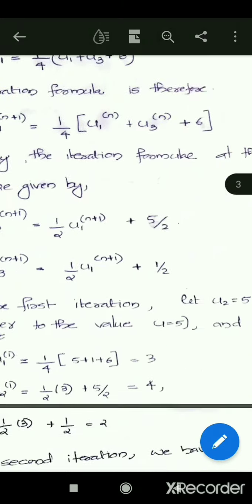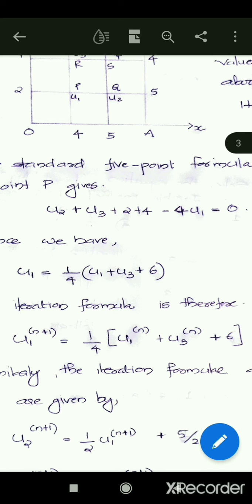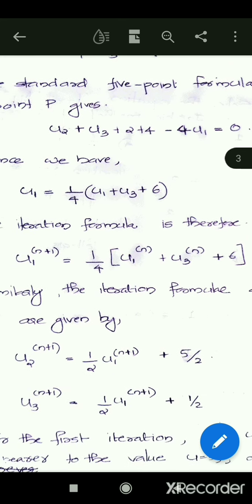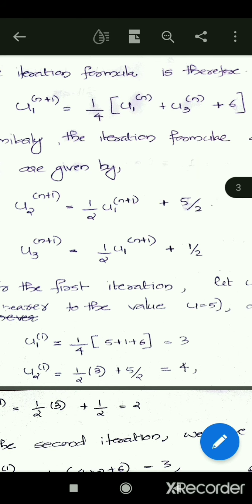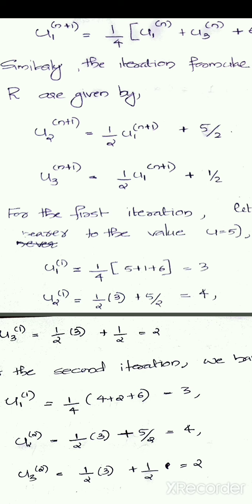Putting these in the equation u1 of n plus 1 equals 1 by 4 of u1 of n plus u3 of n plus 6, we get the first iteration value u1 of 1 as 3, and the first iteration value u2 of 1 becomes 4.